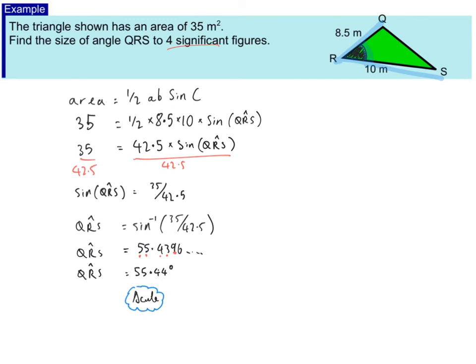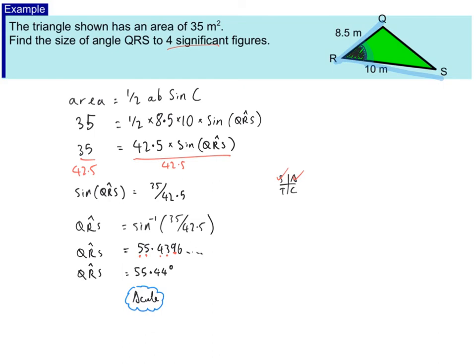There is, of course, for this equation, going to be an obtuse one that's in the second quadrant, because if we think back to our trig equations, sine has a positive value in the first and the second quadrant. And when we're dealing with a triangle, we could have an angle in the second quadrant, because that's between 90 and 180.